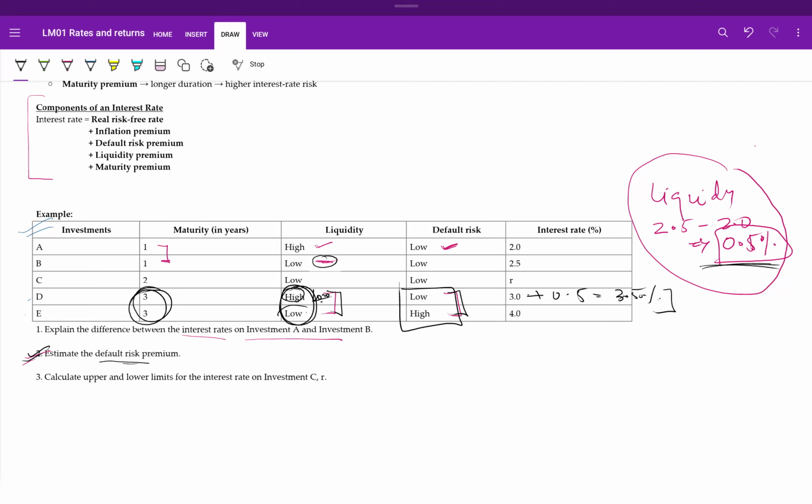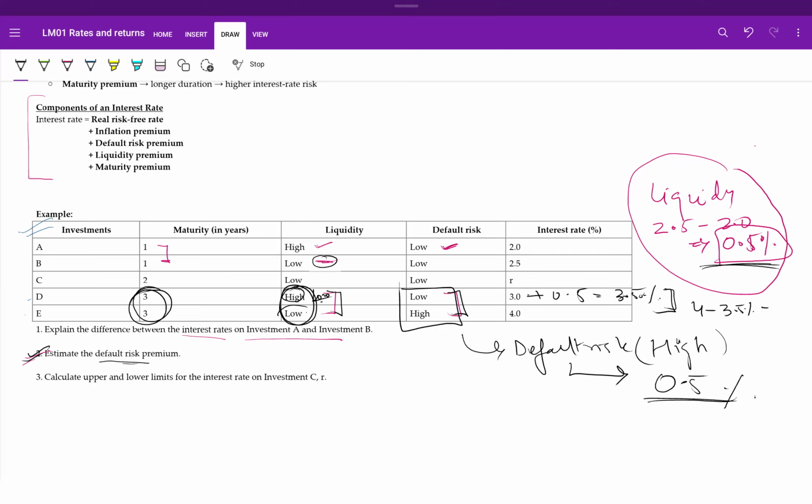Given this data, for default risk I want a premium of 0.5% again, because 4% and 3.5%, there is a difference of 0.5% only. So this is going to be my premium for default. If the default is high, I want a premium of 0.5%.